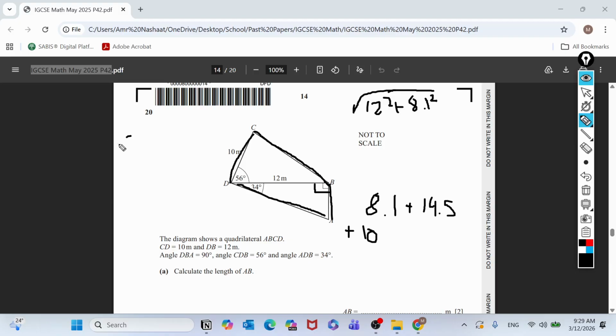So BC squared equals a squared, so 10 squared, plus 12 squared, minus 2ab, so 10 times 12, times cosine of the angle, cosine 56.